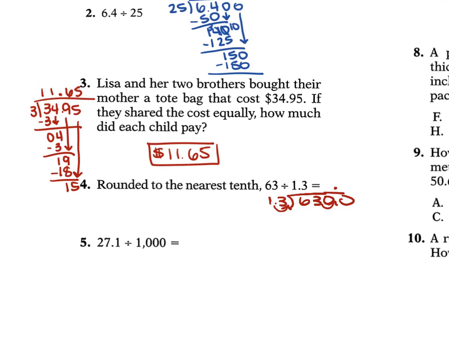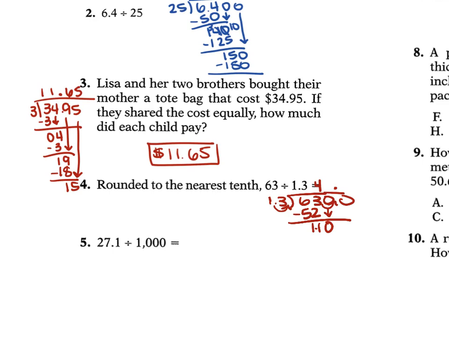So 13 goes into 63 how many times? With this, we can look at 4. So 4 times 13 gives us 52. We subtract these, we get 11. Bring down that 0.